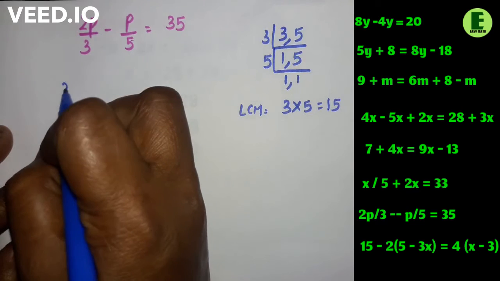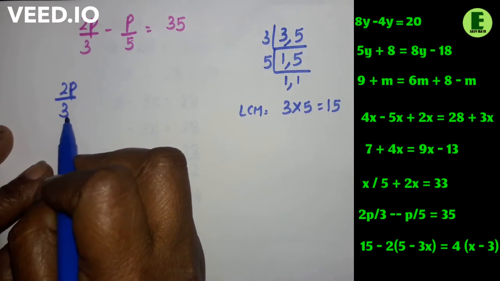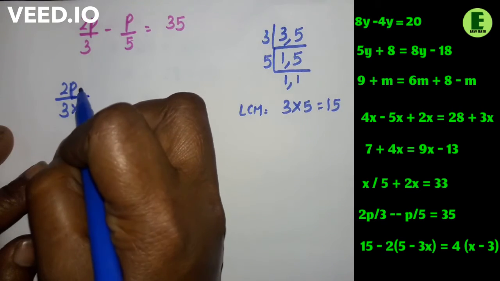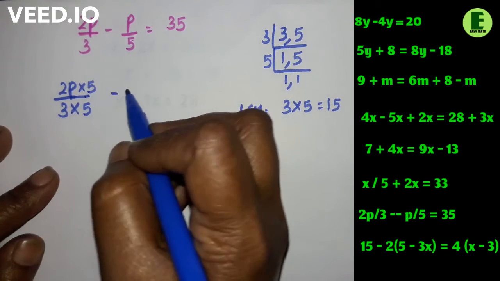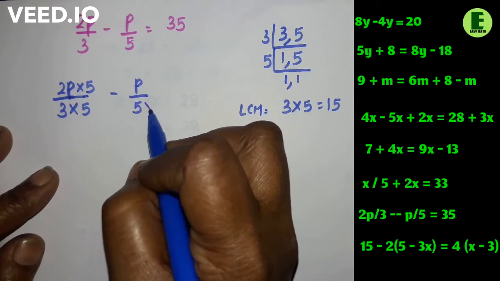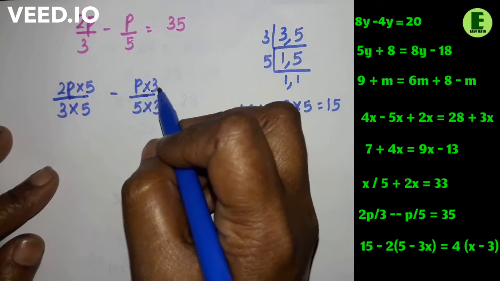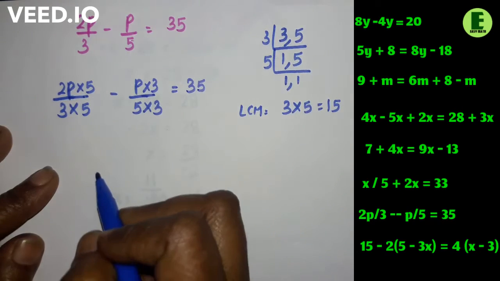So 2p by 3. For 3 to become 15, we need to multiply by 5. And in the same way we are multiplying the numerator with 5. Minus, for 5 to become 15, we need to multiply by 3. Similarly, we are multiplying the numerator, is equal to 35.